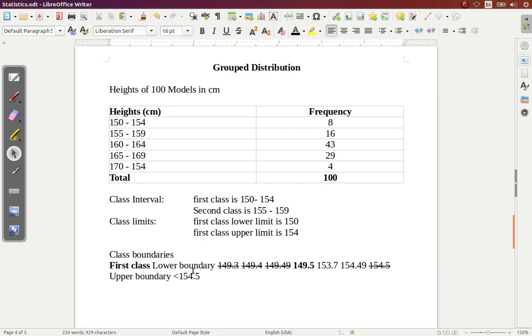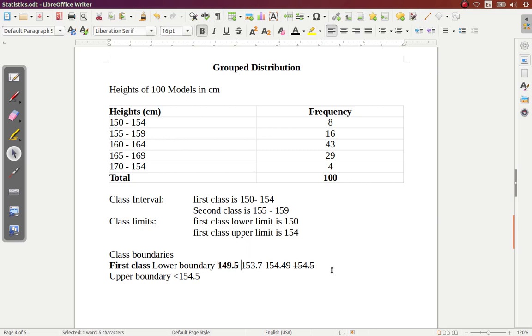So, here now, let's put everything together. The lower boundary for the first class is 149.5.